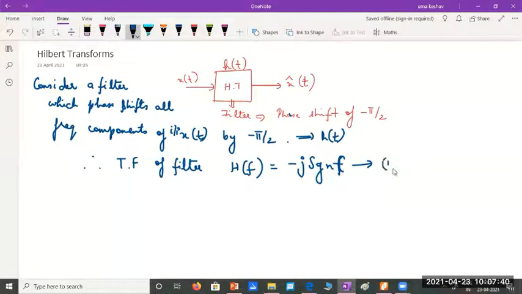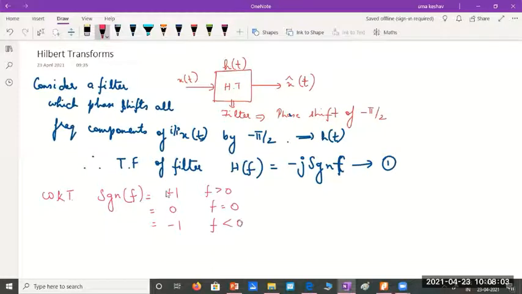Let's call this equation 1. Here, we know what is the signum function? Signum of f has +1 for f greater than 0. Its value is 0 for f equal to 0, and it is -1 for f less than 0.